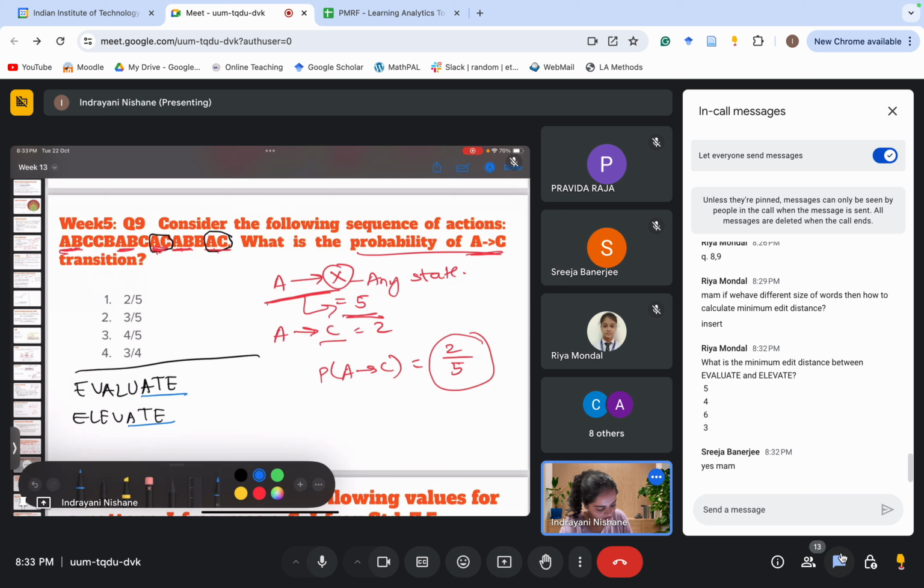These three letters are the same, and this is the same. So to change evaluate to elevate, we are doing substitutions and a deletion. Oh, my bad. So 1, 2, 3 substitutions and 1 deletion. So the minimum edit distance is 1, 2, 3 and 4.